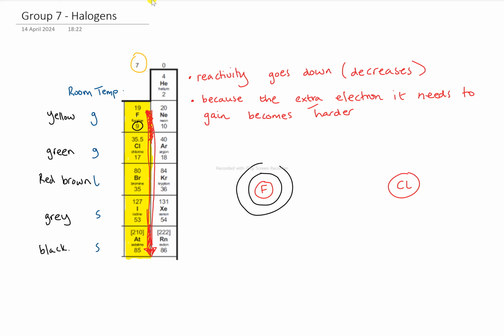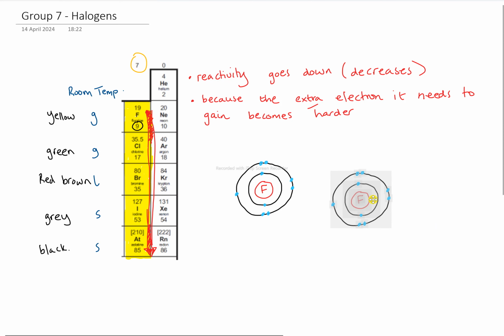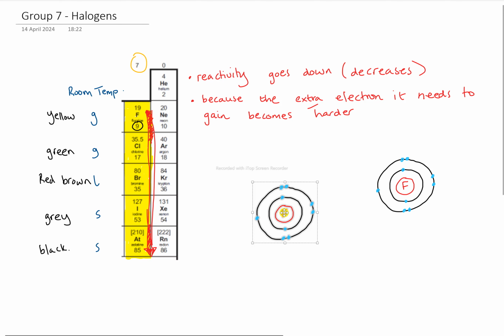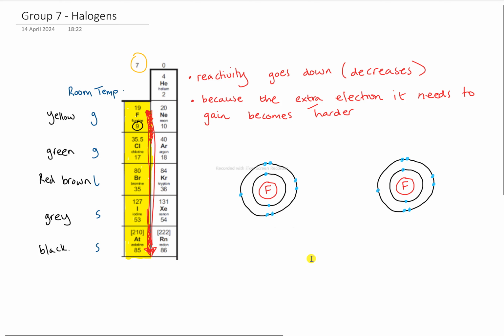So let me get this so we can see it. 1, 2, you're only allowed 2 there. 2, 3, 4, 5, 6, 7, 8, 9. So what I'm going to do is copy and paste. Right, there we are. So that's fluorine.